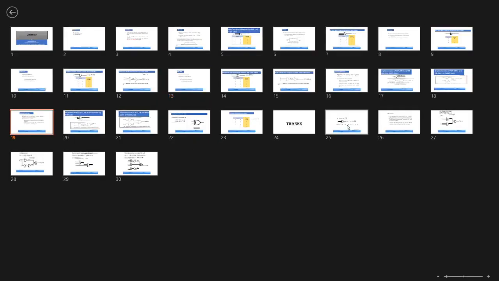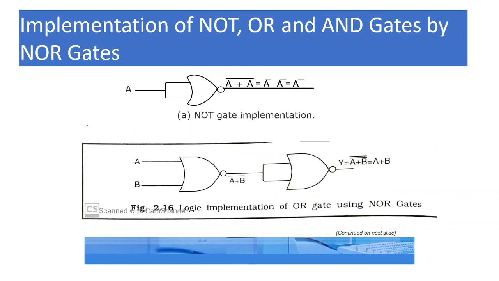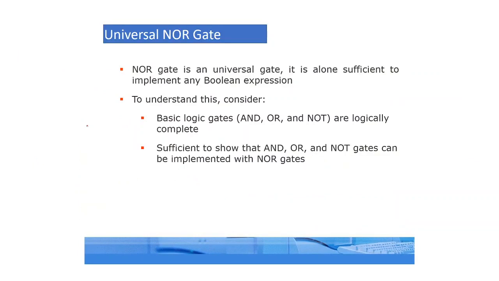Similarly, if we show that the NOR gate can be used to implement NAND or AND gate, OR gate and NOT gate, then the NOR gate is also logically complete and it is a universal gate.